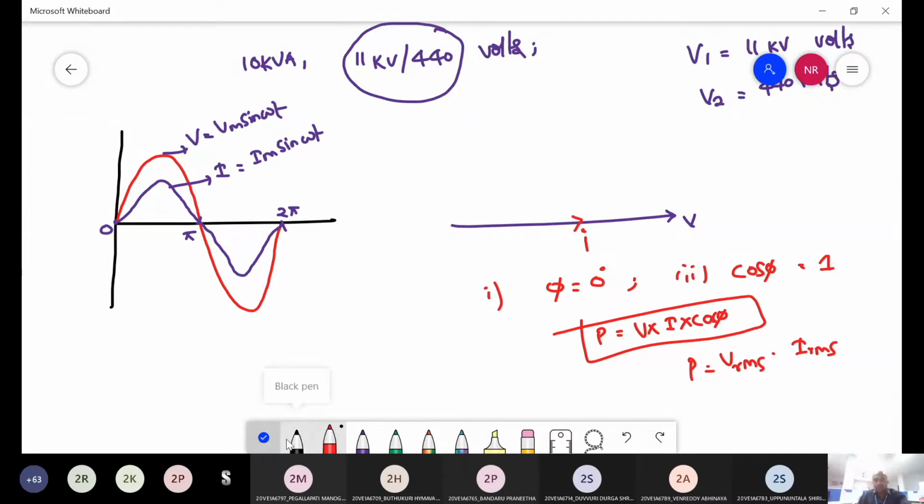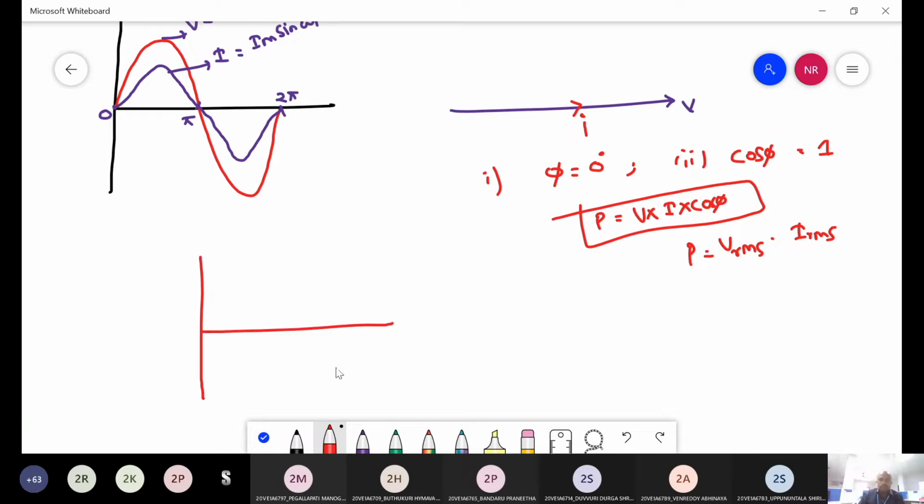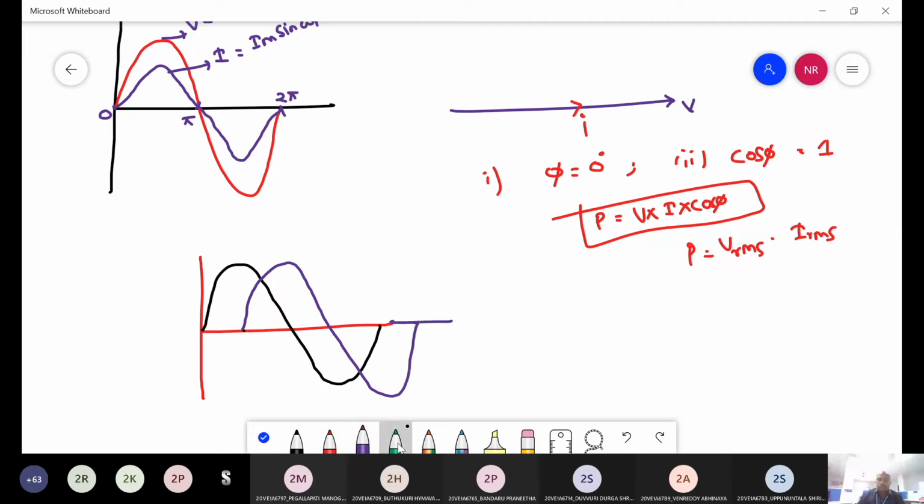And another one also we can consider, that is lagging by 90 degrees. So here it is the reference, voltage, then here it is another quantity. So here V is equal to Vm sin omega t.